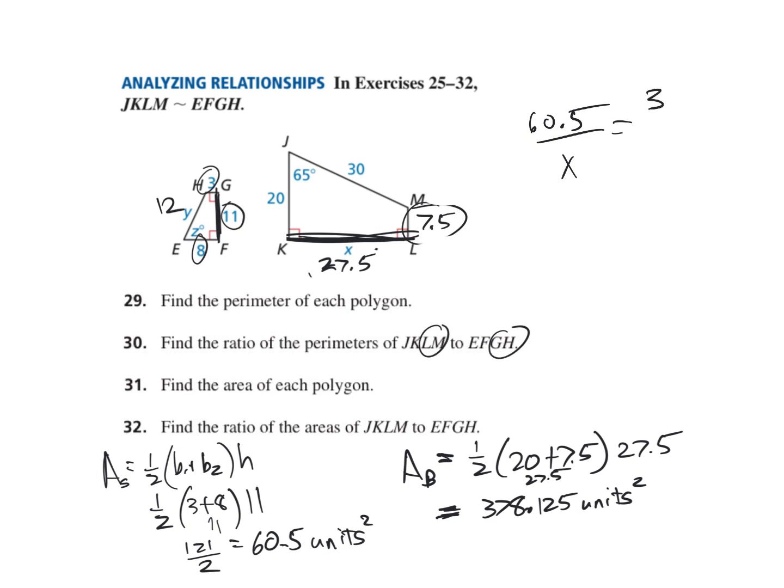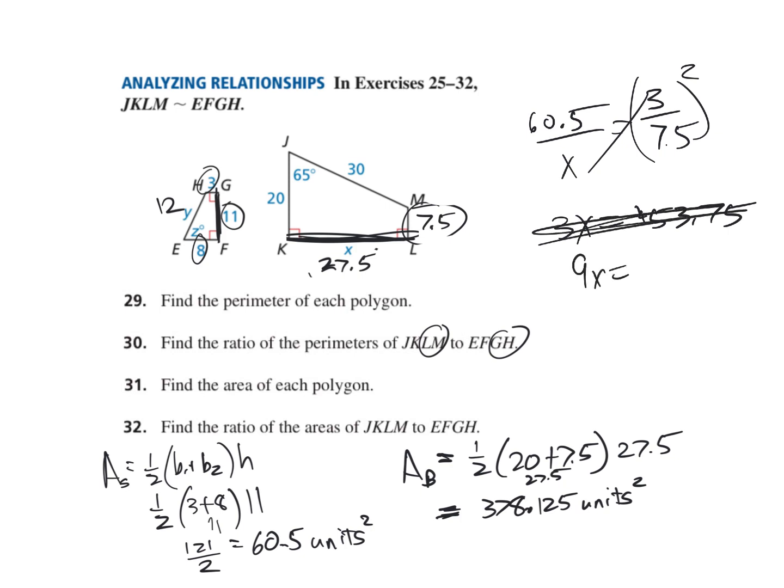So 3, the small one, is to 7.5. So 3x is equal to 60.5 times 7.5. That's 453.75. And we divide by 3. Oh, wait, we forgot. We're supposed to square each of those. So that's going to be 9x. 7.5 times 7.5.